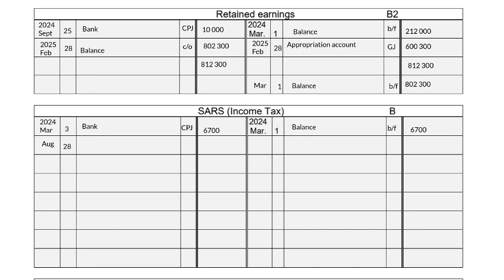Bank. Also the cash payments journal. And the amount is 145,000 Rand.